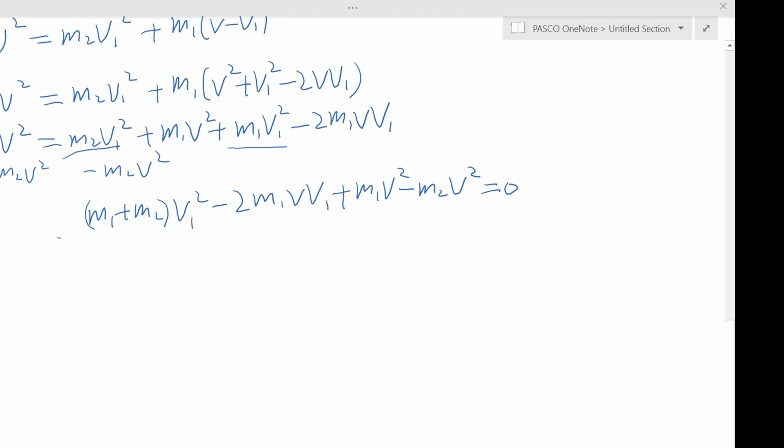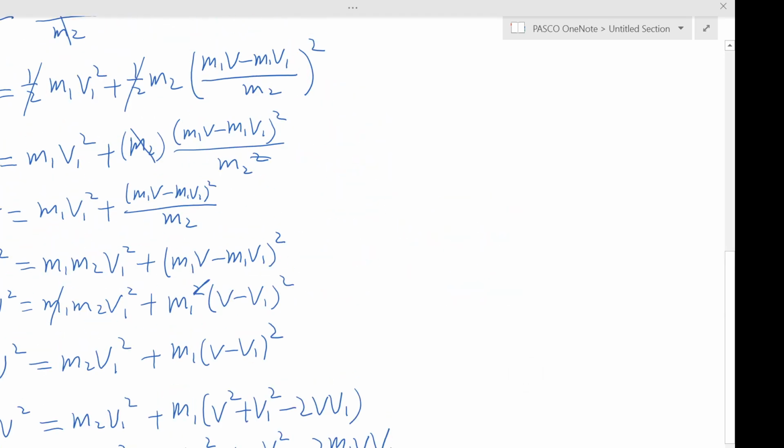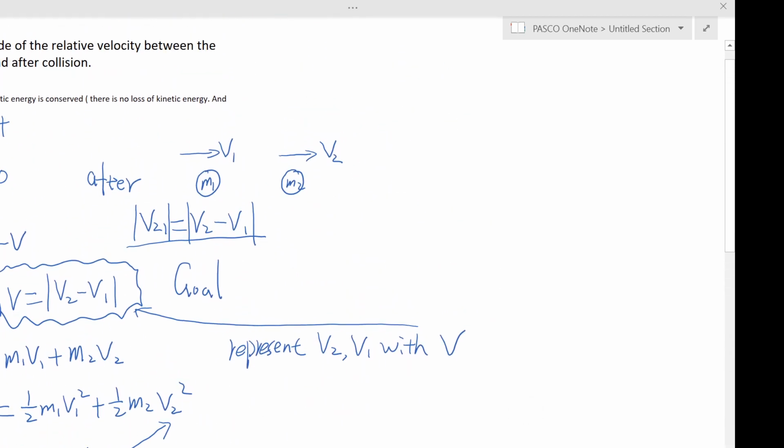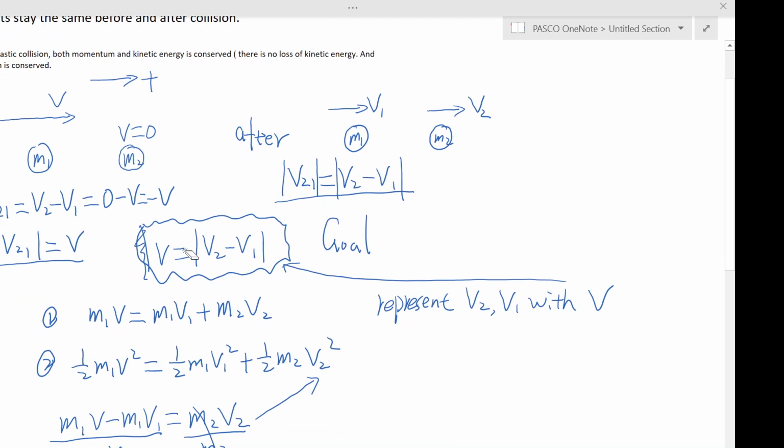I kind of know it's factorable, even though it doesn't look factorable, because I know my final answer has to be quite simple, because eventually v1 minus v2 or v2 minus v1 has to give me v, right? Has to give me v.